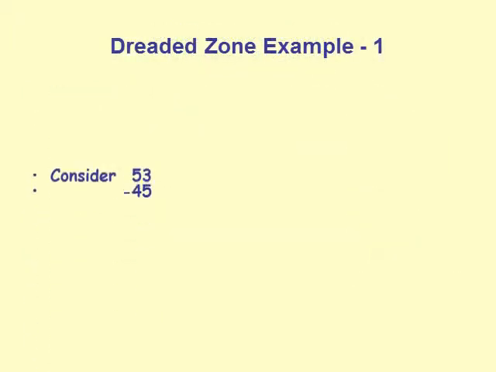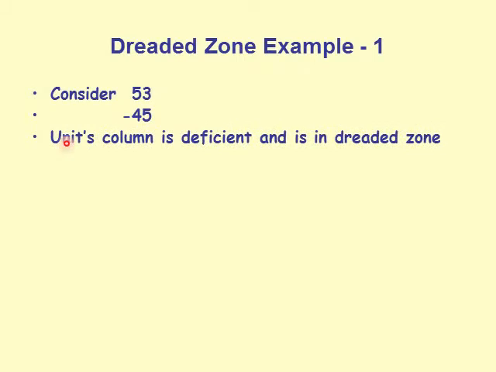Let's look at an example here. The example we are going to look at is 53 minus 45. In the units column, we have 3 minus 5. Our player is 3. It's outnumbered by the visiting team's players, 5. So the challenge is 5 against our 3. So it's a deficient column, and the dreaded zone starts here. This column is in the dreaded zone.